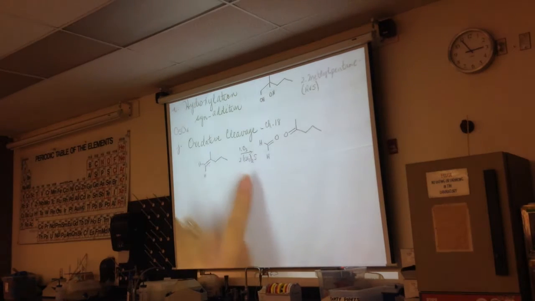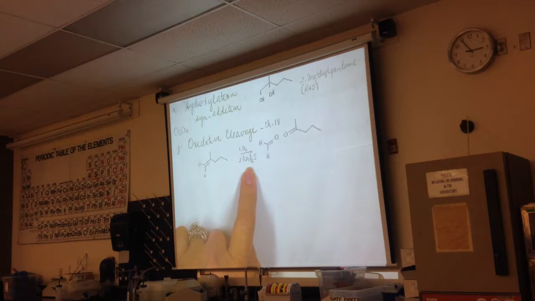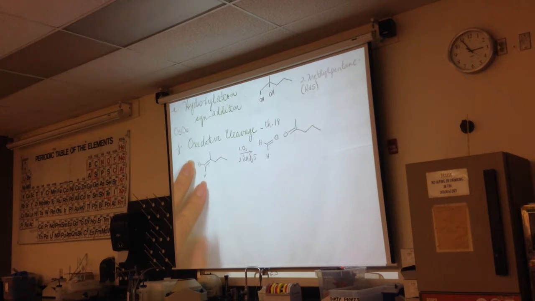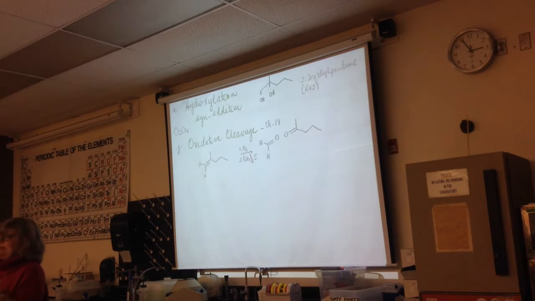So under mild oxidative conditions, ozone is mild. Mild, you keep your hydrogens. Stronger, it goes all the way to the CO2. I know that some of you, even from Dr. Arnaiz, do a CO2, but that is under harsher conditions.